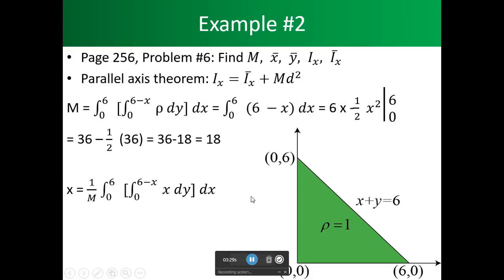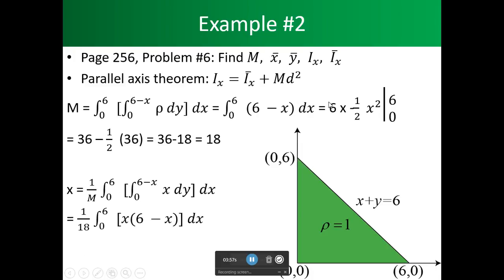So now we need our mass to be able to find out what our x is. Okay, so we said we wanted to find out our vector x and our vector y. If we look at our vector x here, what we see is 1 over m times the integral of x dx dy.